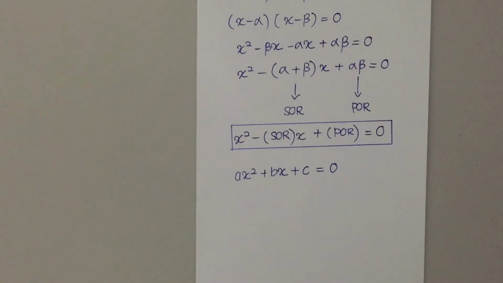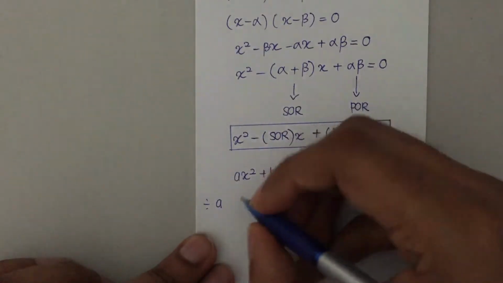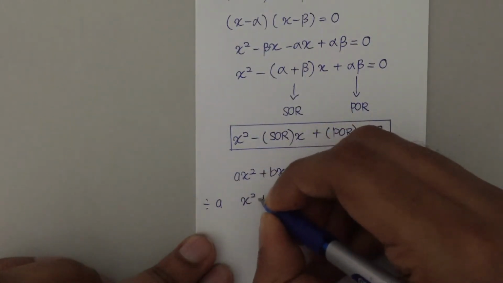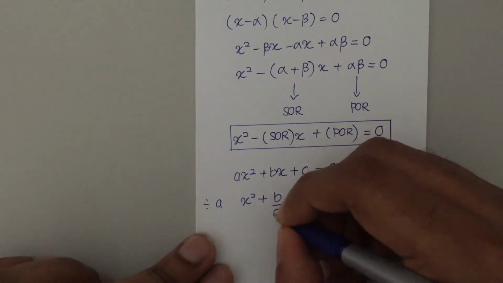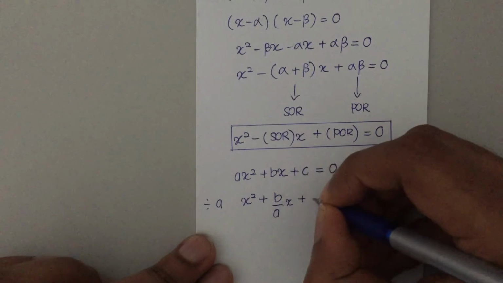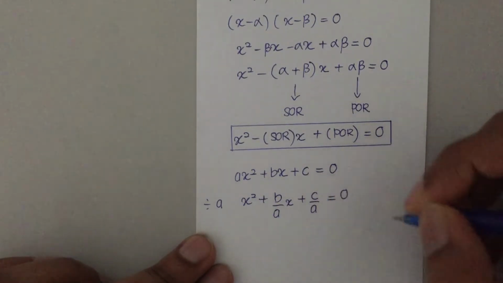How are you going to make it equal to 1? You need to divide the whole quadratic equation by a. So you divide the whole quadratic equation by a. From here you get x squared plus b over a x plus c over a equals 0.